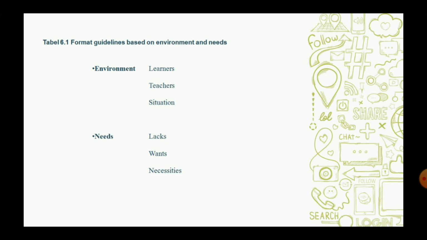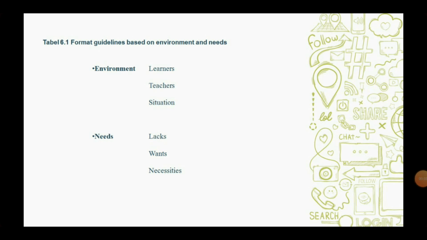Fourth, the activities should be suitable for a range of levels of proficiency in a class. And fifth, the activities should suit the size of the class. And last, the activities should fit the learning style of the learners.